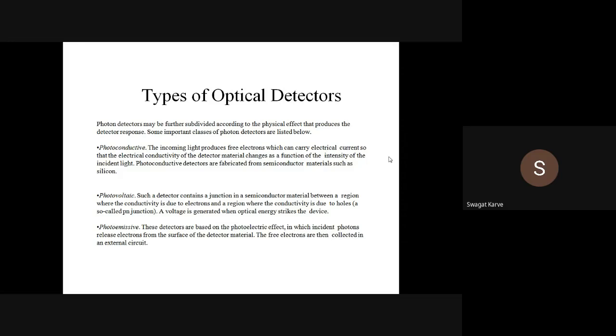Now the next and third type is photoemissive, right? What do you mean by photoemissive? These photoemissive detectors are based on the photoelectric effect. What is that photoelectric effect?